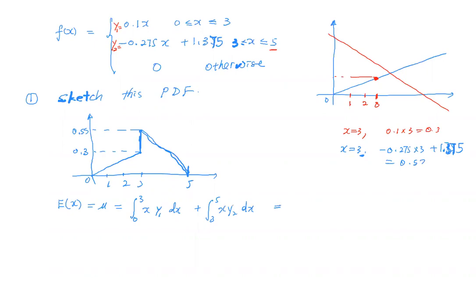But if you want to find the median, standard deviation, you just follow the probability accordingly. The median is the tricky part. You have to check where is the median, the first formula or the second formula. So what I do is, I will integrate from 0 to 3 y1 dx first.